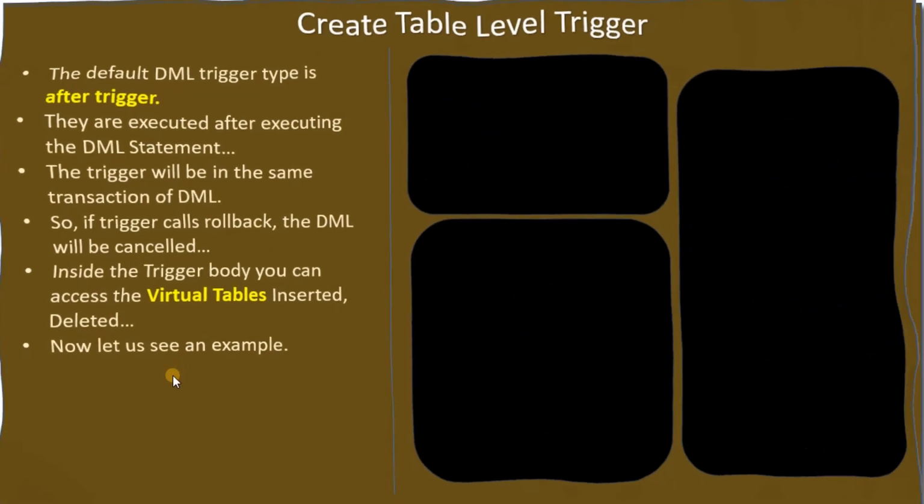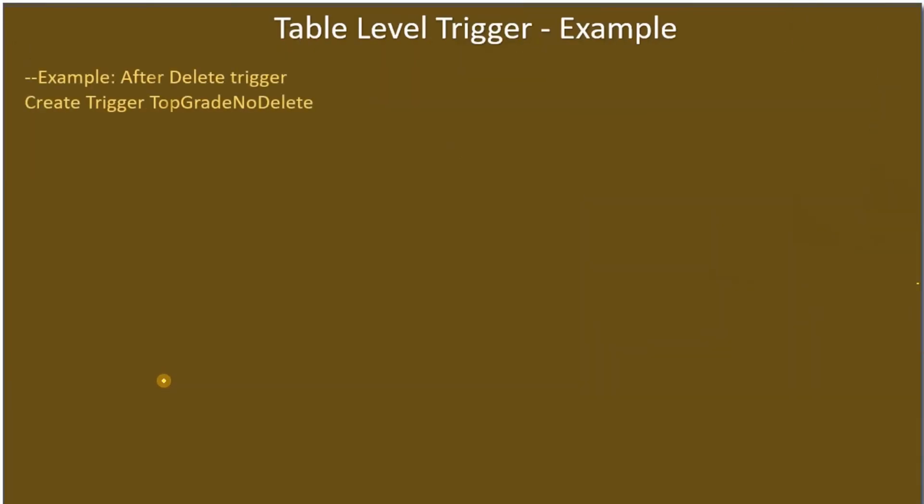Now let's see an example. Here the trigger is top_grade_no_delete on student, and this talks about the table name, and it runs for the delete statement. For delete has begin and end statement. Inside you can see declare @marks as smallint.